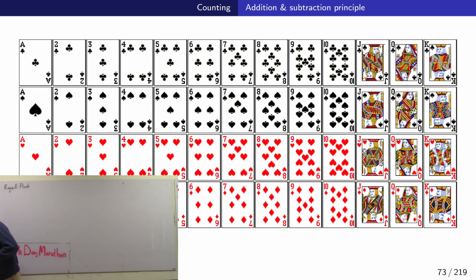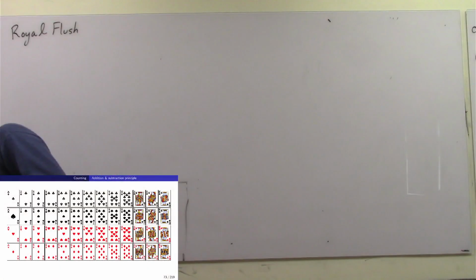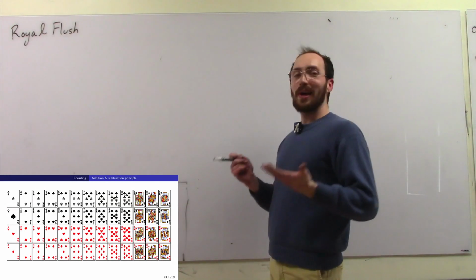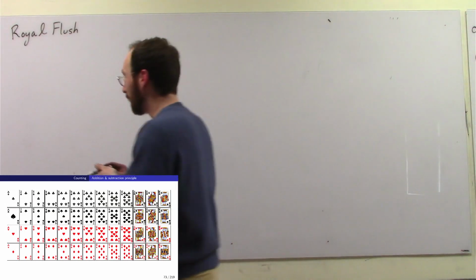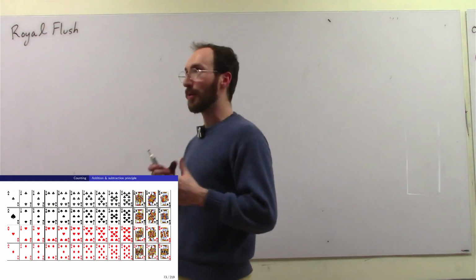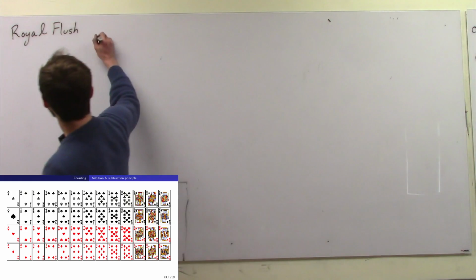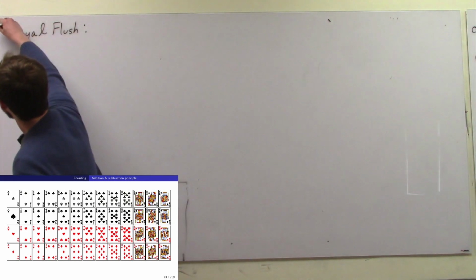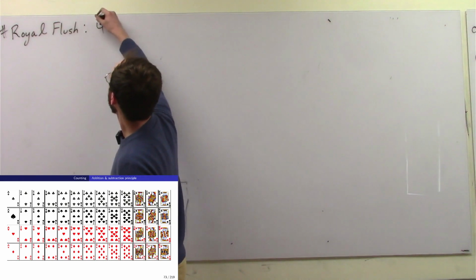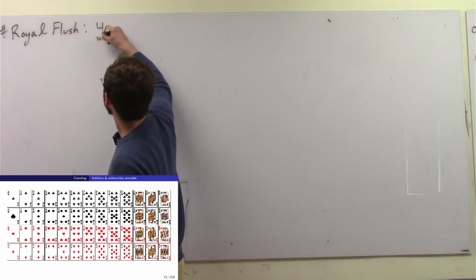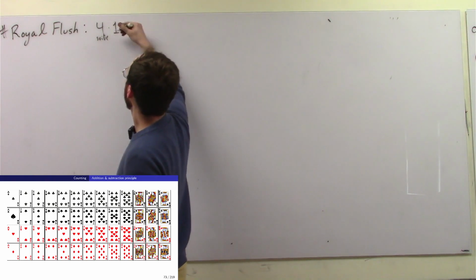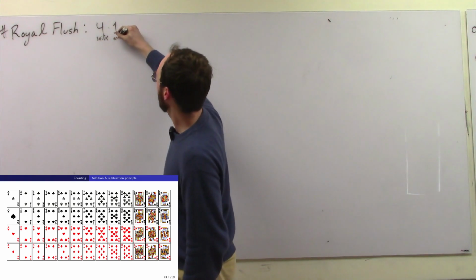Now, what's great about that is, there's only one way to do it for every suit. If I have a royal flush, let's count this. So there's 4 suits, and there is 1 arrangement, let's say.